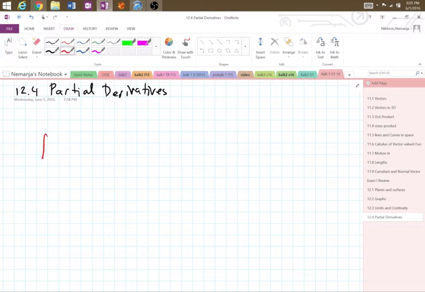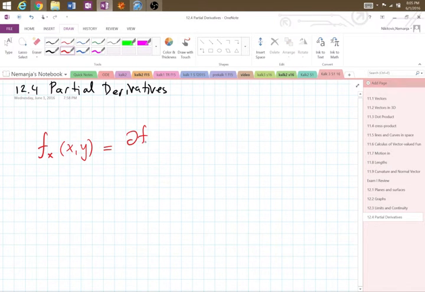So these are all different notations for it. So we have fx of xy. We can also say partial derivative of f in respect to partial derivative of x.